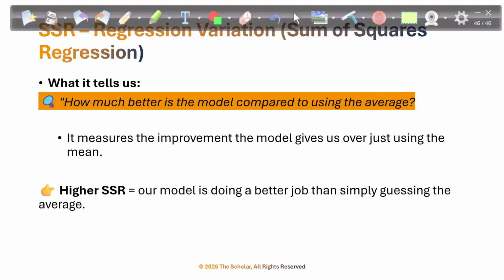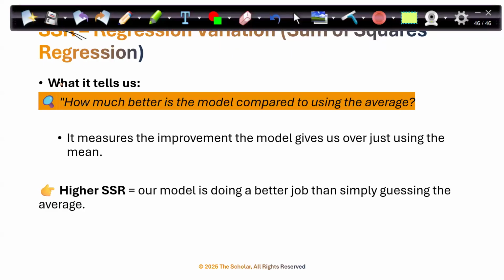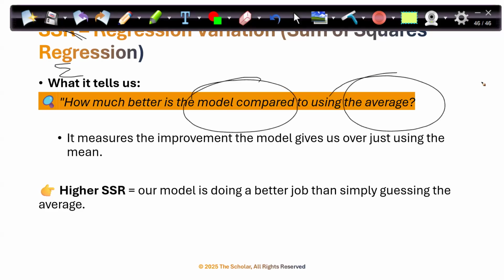Second is my SSR, sum of squared regression, which we did not discuss. How much better is the model compared to using the average? This is SSE actually, typo. Because how much better your model is compared to the average, right? Model line. So that is my SSE.